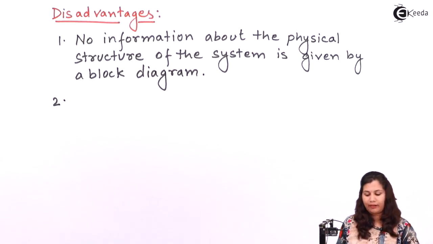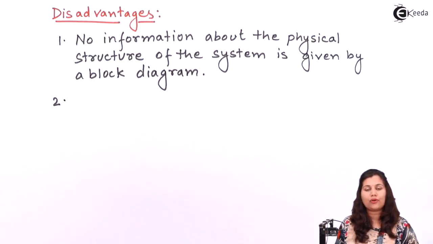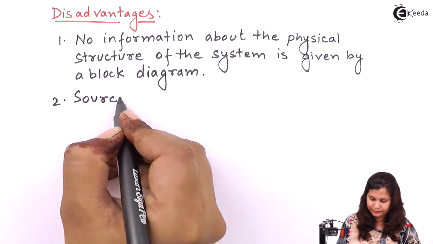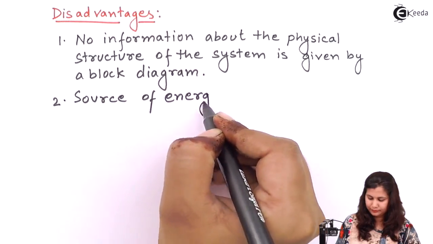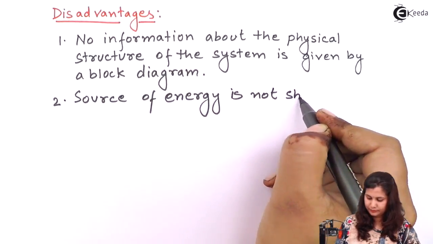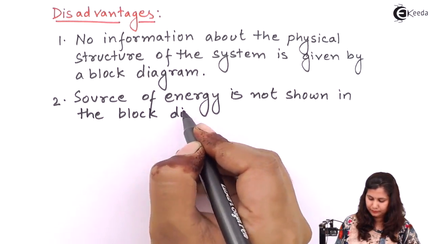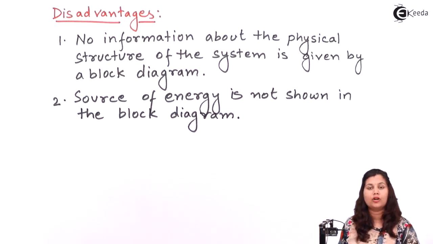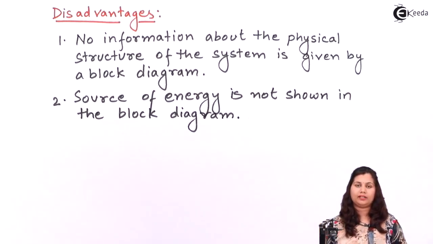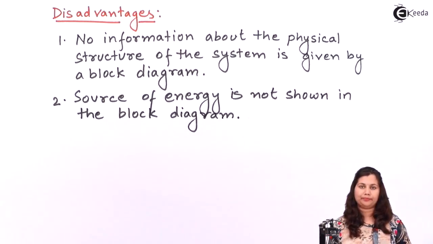The second disadvantage is that the source of energy is not shown in a block diagram, that is, how the system is getting its energy is not represented. So these were the two disadvantages of a block diagram.